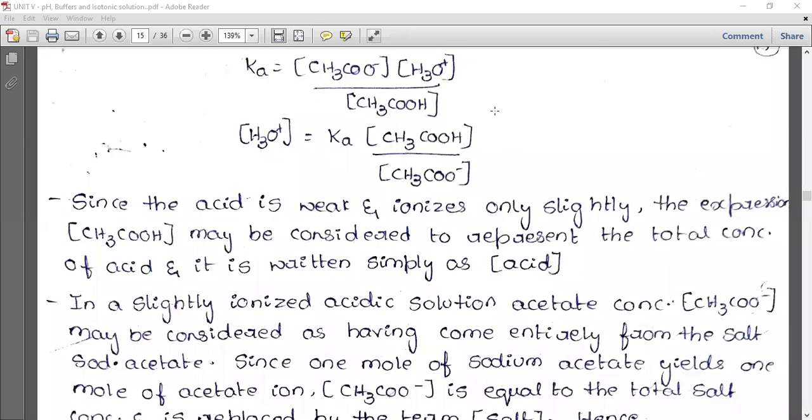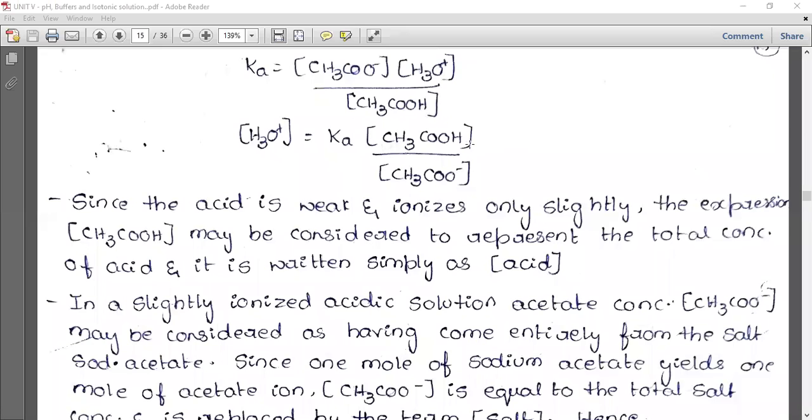For example, if I'm having 50 molecules of sodium acetate and 50 molecules of acetic acid, consider both. So this 50 molecules of sodium acetate gives 50 molecules of acetate ion and 50 molecules of sodium ion, right?